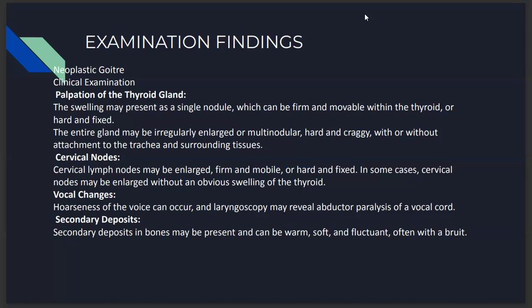In some cases, cervical nodes may be enlarged without an obvious swelling of the thyroid. Vocal changes: hoarseness of the voice can occur, and laryngoscopy may reveal abductor paralysis of a vocal cord. Secondary deposits in bones may be present and can be warm, soft, and fluctuant, often with a bruit.